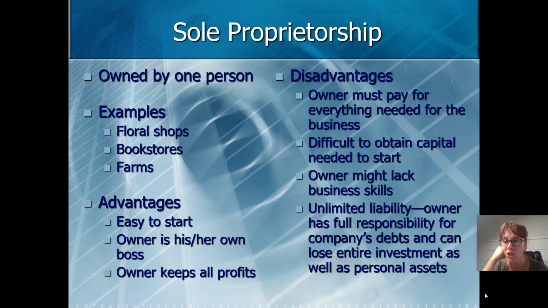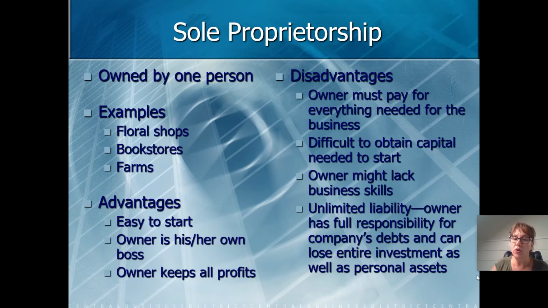So let's use the floral shop again as an example. Let's say you're extremely talented and can easily make many varieties of floral arrangements, but you're not necessarily very versed at math, and so that's one of your weaknesses, and so you cannot keep up with all of the income and expenses that are associated with managing a business.